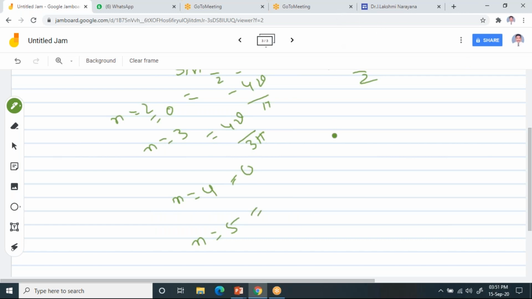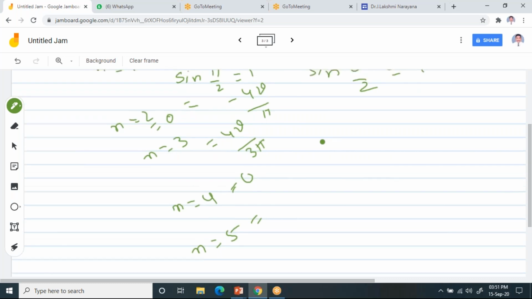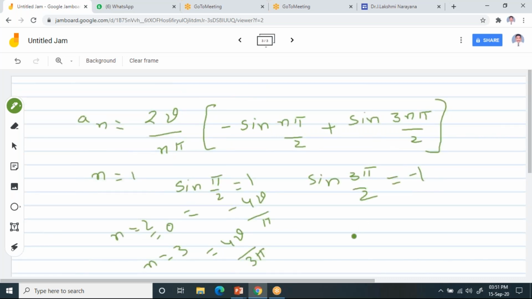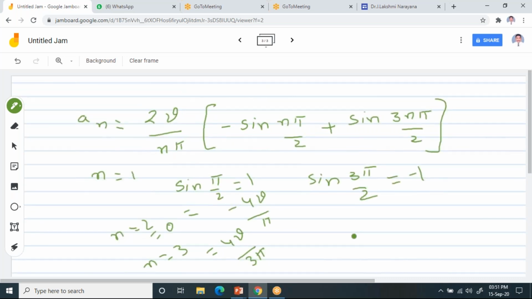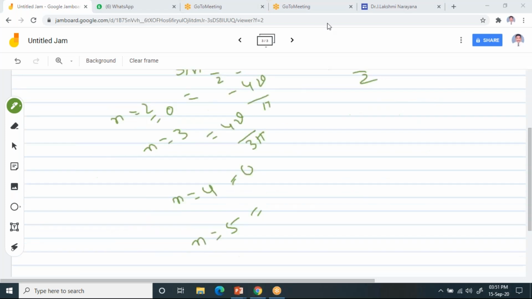Now you please calculate it. That means you have to substitute n equal to 5 here in this equation. Please post it in the chat box. What is the value of an when n equal to 5?